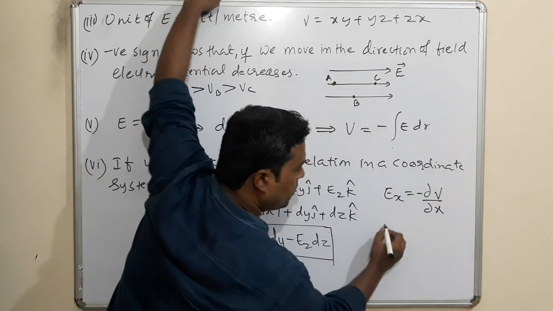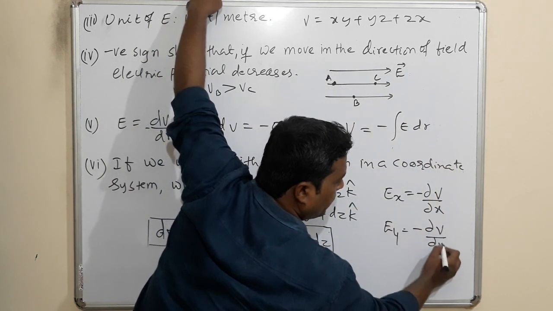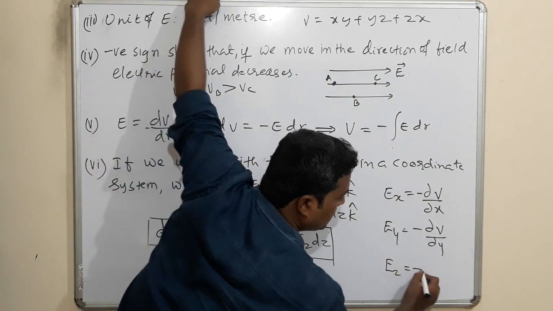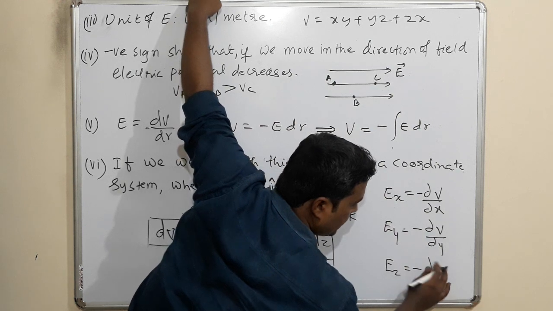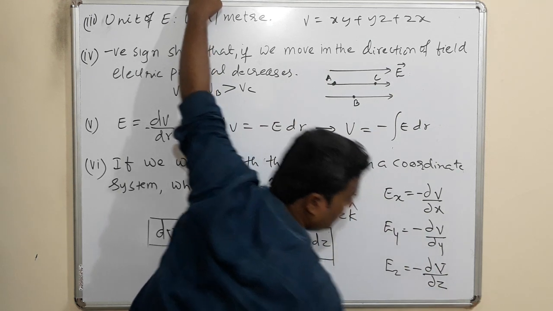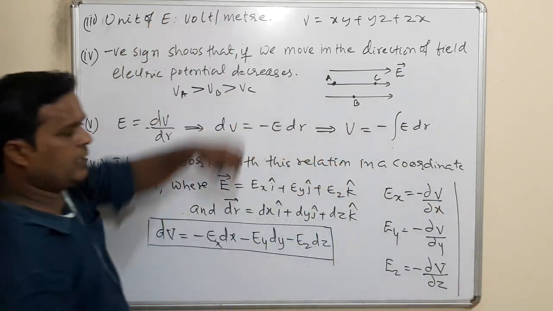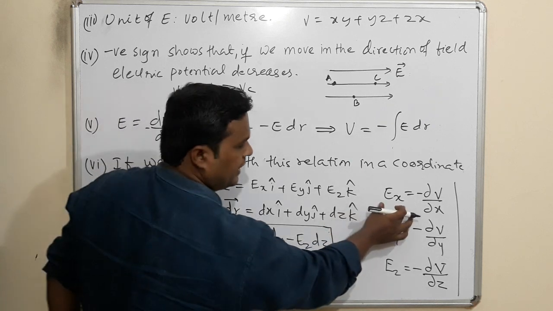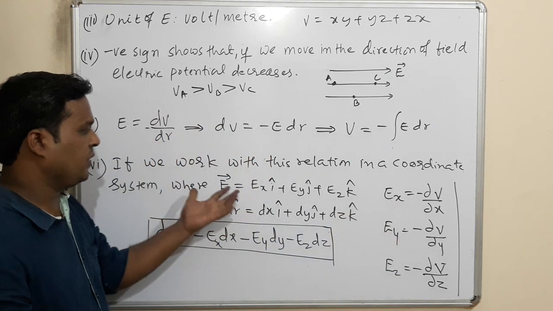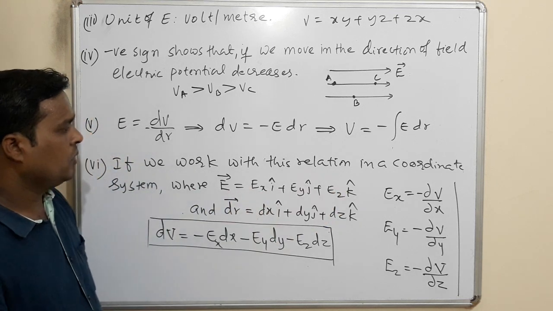Similarly, if I want to find the Ey component, then I will do minus dV by dy. If I want to find the Ez component, then keeping x and y constant, I will differentiate this potential function only with respect to z. Using these three equations, I can find Ex, Ey and Ez. Finally, I can express the electric field as Ex i plus Ey j plus Ez k.